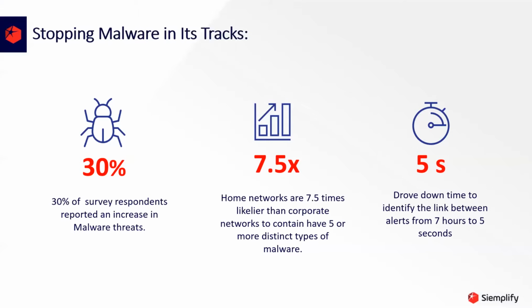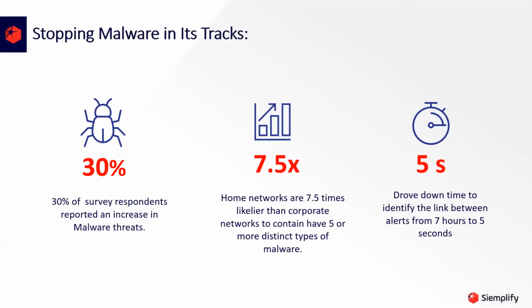So moving on to malware and how Simplify stops malware in its tracks. According to our State of Remote Security Operations report, 30% of survey respondents said that they saw an increase in malware threats. And this is really more important to note now than ever with work from home on the rise. Home networks are 7.5 times likelier than a corporate network to have 5 or more distinct types of malware.